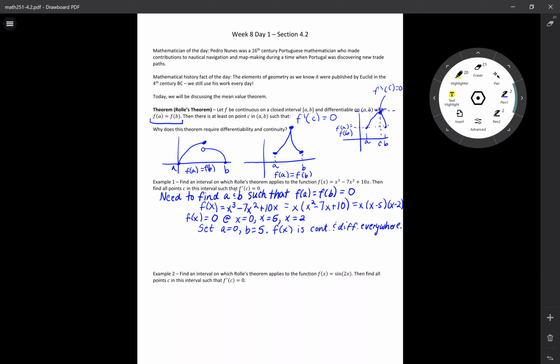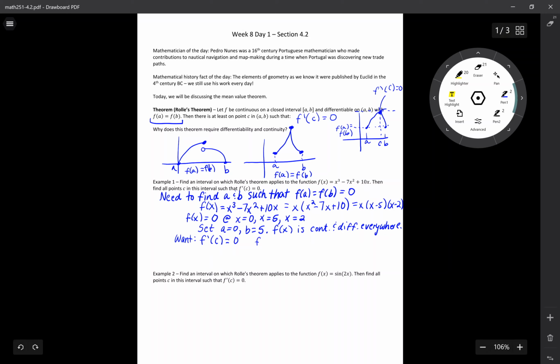Okay, so I want to find a c value between my 2 points 0 and 5 such that f prime of c is equal to 0. So I want f prime of c equals 0, and I'm trying to find this point c.